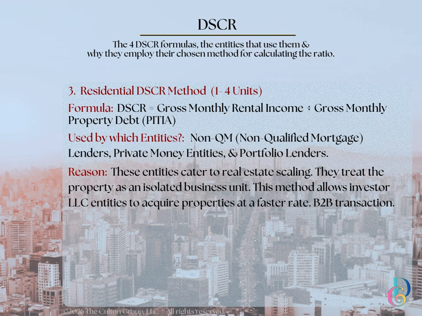Formula: DSCR equals gross monthly rental income divided by gross monthly property debt, the PITIA. And this method is used by non-QM, non-qualified mortgage lenders, private money entities, and portfolio lenders. Private money entities, hard money lenders, private money lenders.